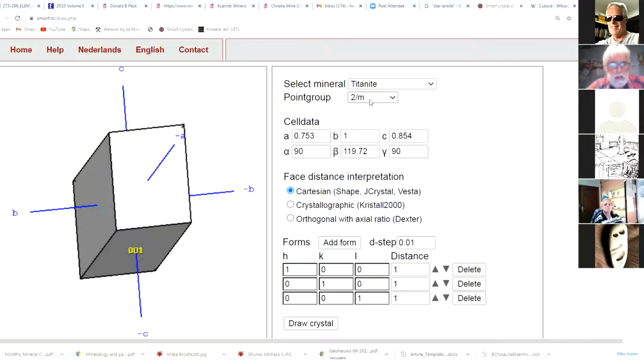If you go to the triclinic crystal system, then there's almost no symmetry at all.